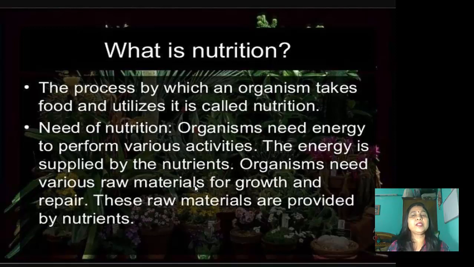From where do we get this energy? From the food, and food contains nutrients. So the energy is supplied by the nutrients, and organisms need various raw materials for growth and repair. These raw materials are provided by the nutrients.